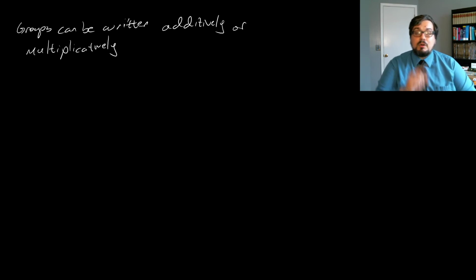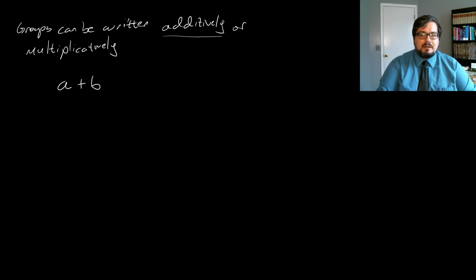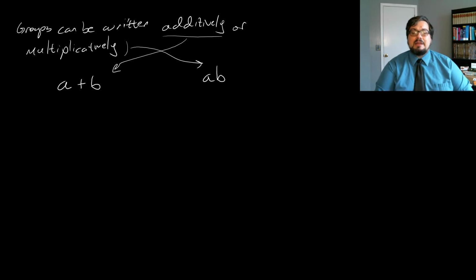And the important point here is that this is merely a notational difference. So we generally use one of 2 notations for the group operation. If we write things additively, we'd write something like A plus B, where A and B are elements of the group. And multiplicatively, we write them as A times B, and we typically don't write anything next to it.